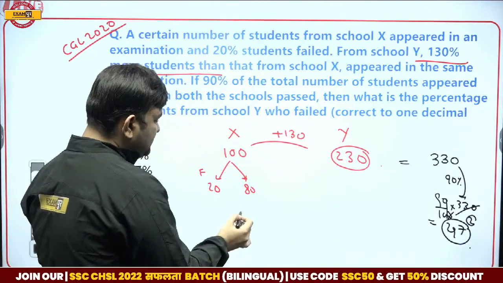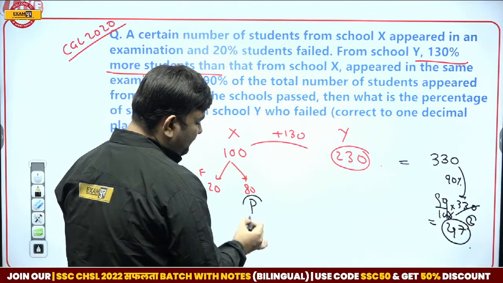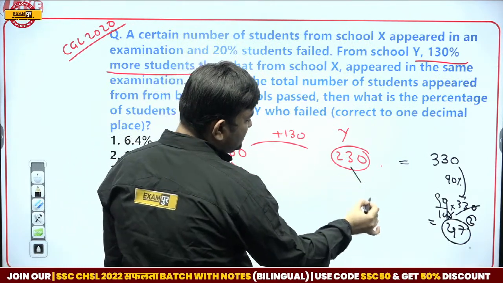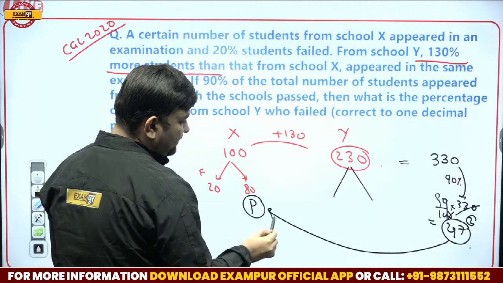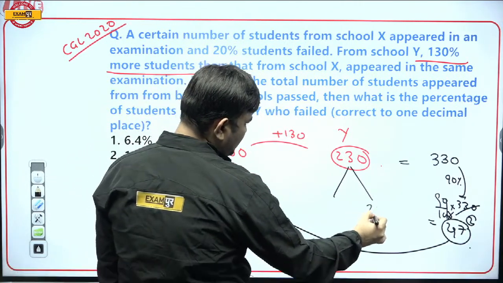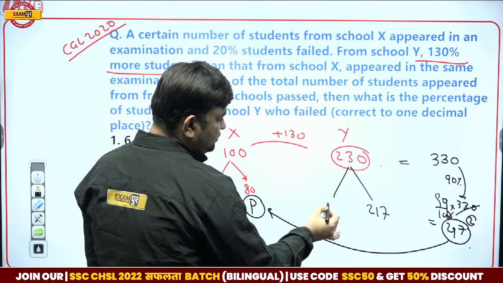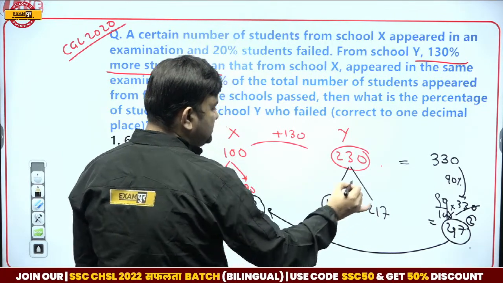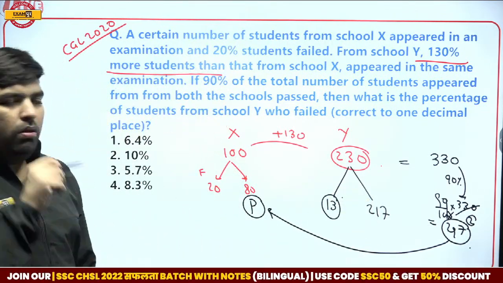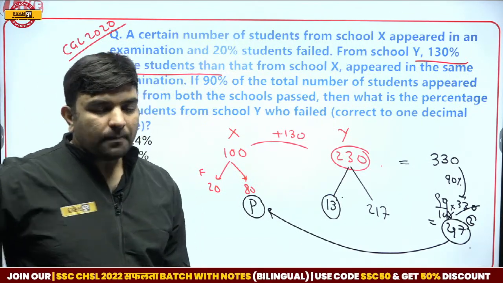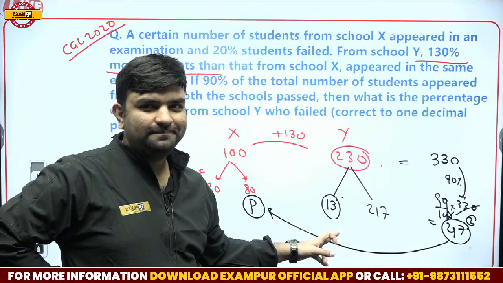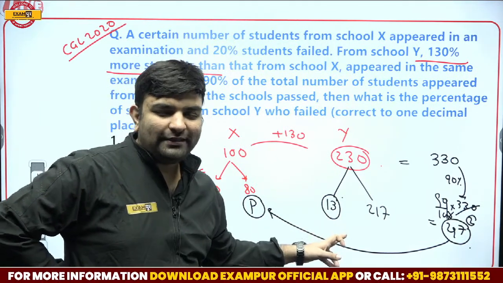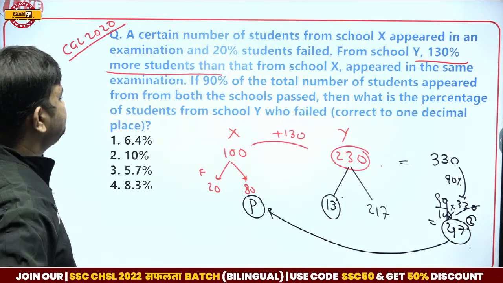Total 297 passed. From school X, 80 passed, so from school Y it should be 297 minus 80, which means 217. So only 13 failed in school Y.